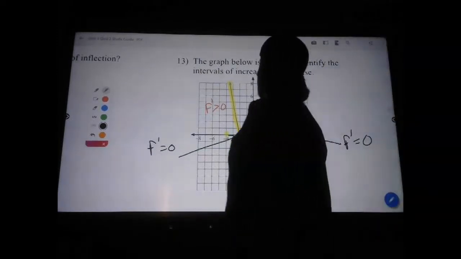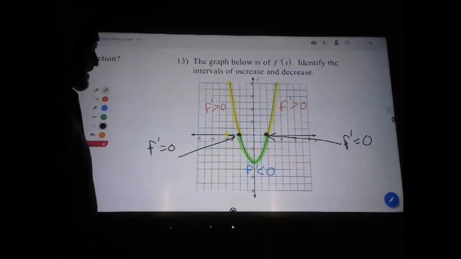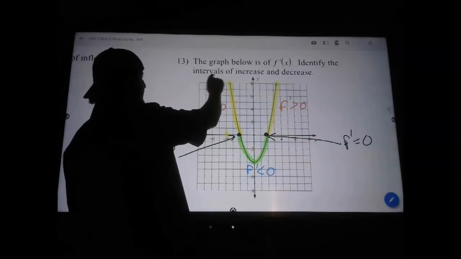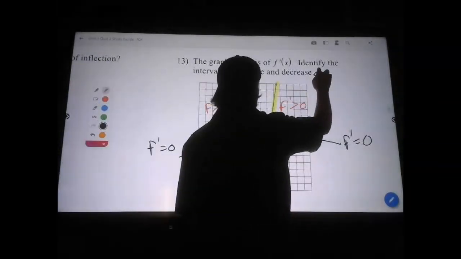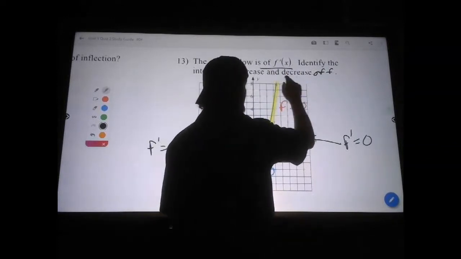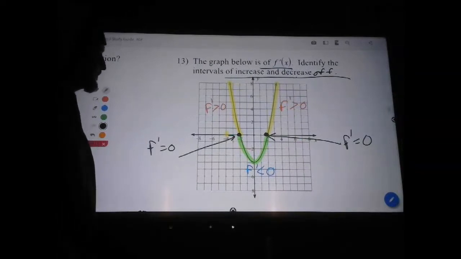So the question is, identify the intervals of increase and decrease of f is what I should have said here. So this is a graph of f prime, but I want to know what are the intervals of increase and decrease of f.